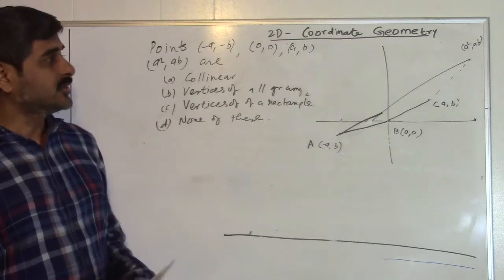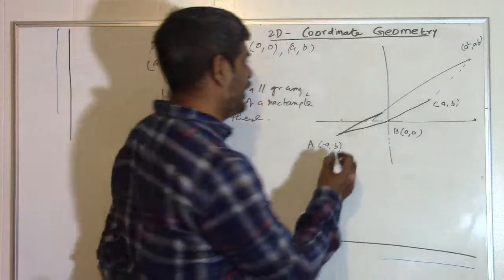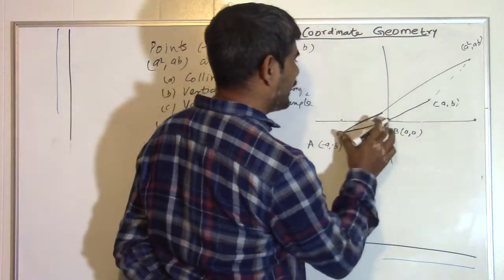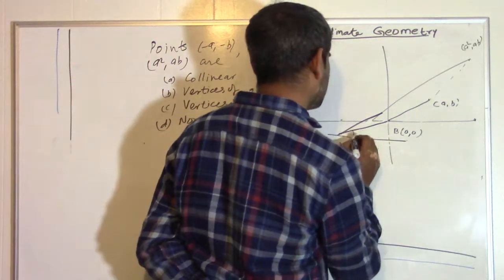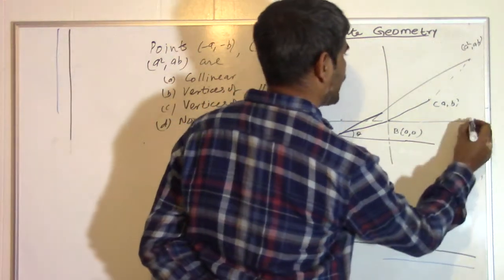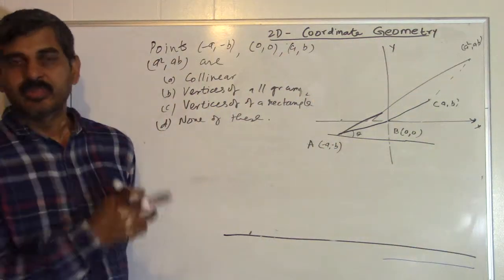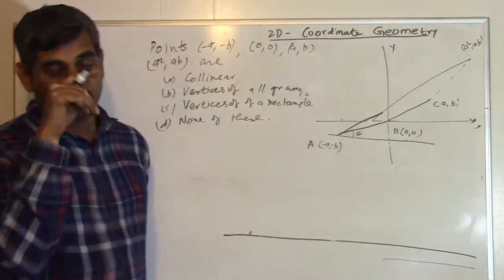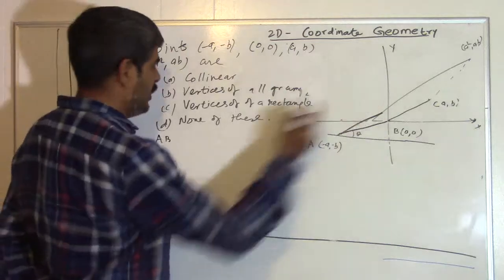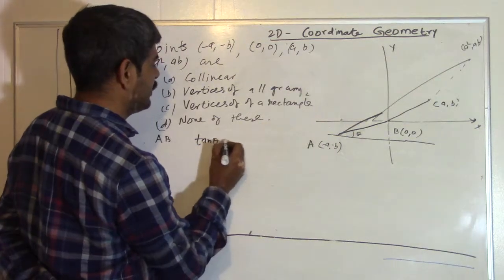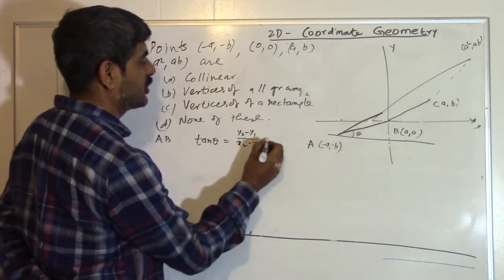How do we check these points are collinear? If I can find the angle that each section of the line makes with the x-axis, and all of these angles come out the same, then these four points are collinear. So let's take AB and find tan theta. The formula is y2 minus y1 divided by x2 minus x1.